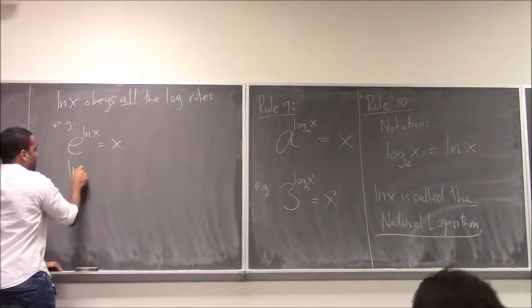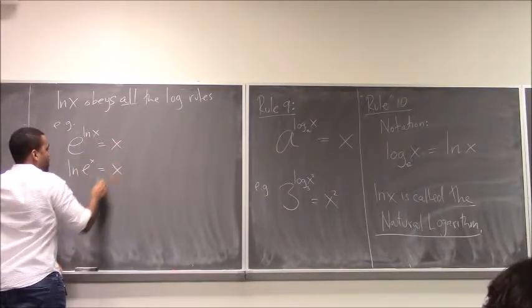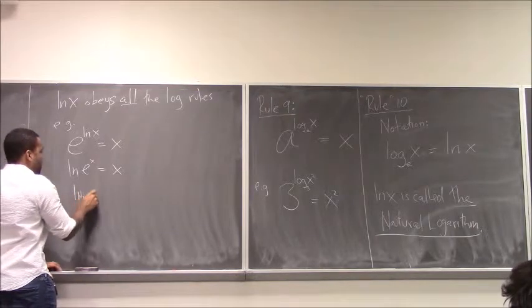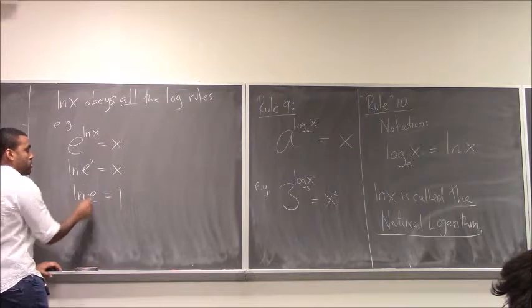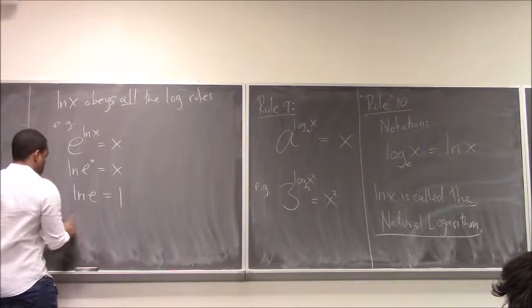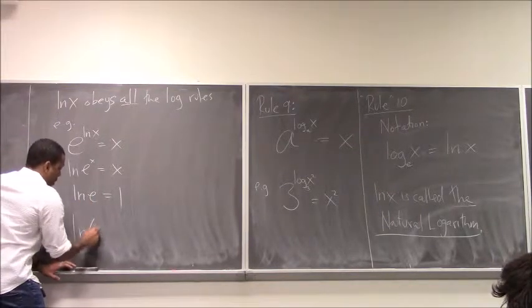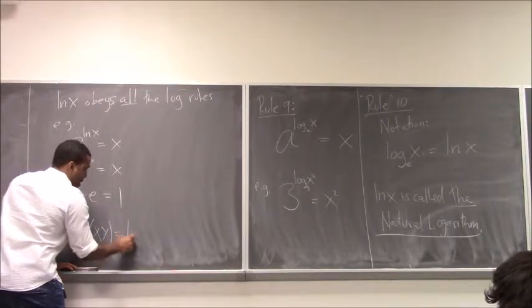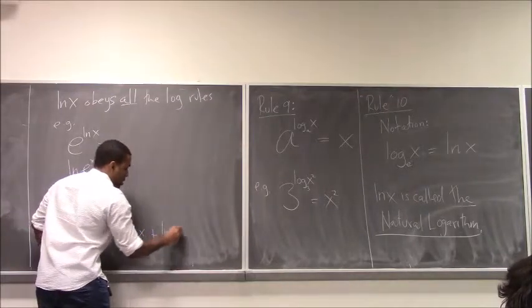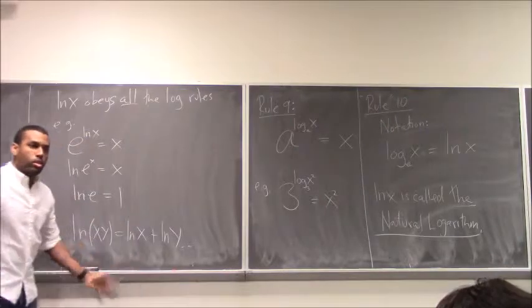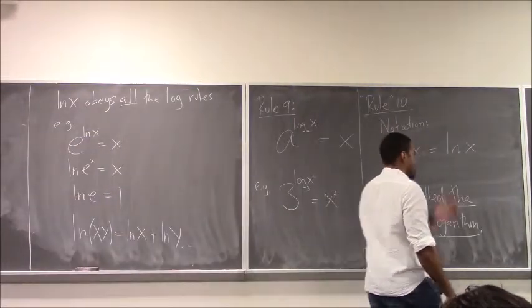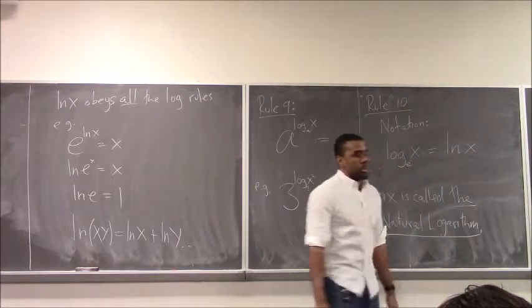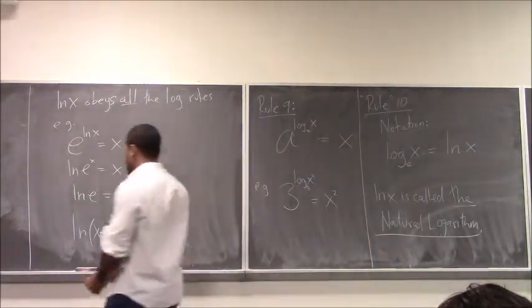If I have ln of e to the something, it's just that thing. What if I have ln of e? It's just 1, because there's a power of 1. If I have ln of x times y, I can still split that up by adding them together. All the rules still work, because it is a logarithm. We're just emphasizing that the base is special to us, so we have a different notation.